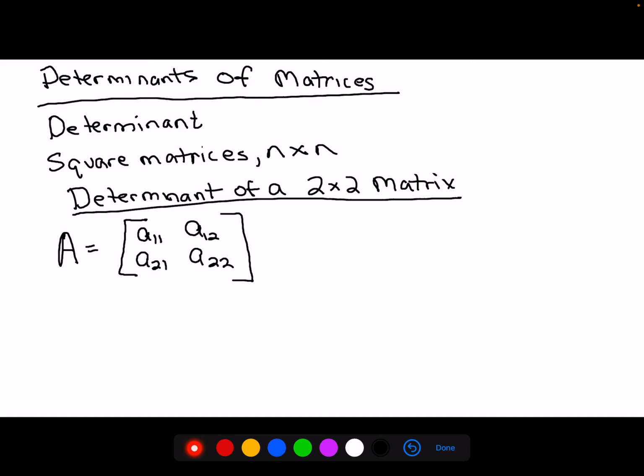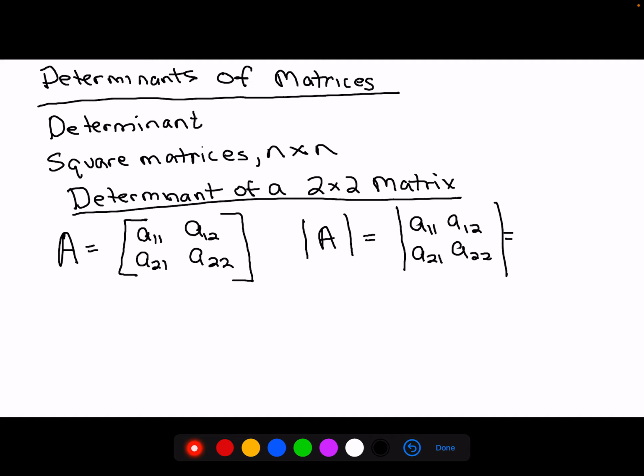The determinant looks like the absolute value symbols. So if you put little absolute value symbols around A, the name of the letter for the matrix, you can put absolute value symbols around the actual matrix instead of the little brackets, and that's saying, hey, we're doing determinant right now.